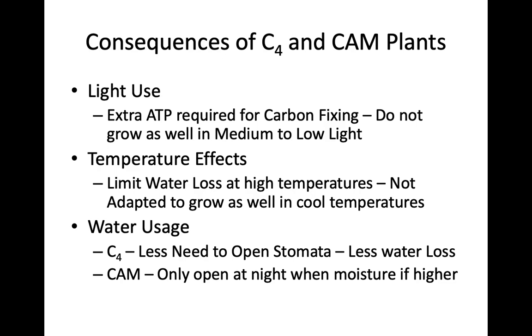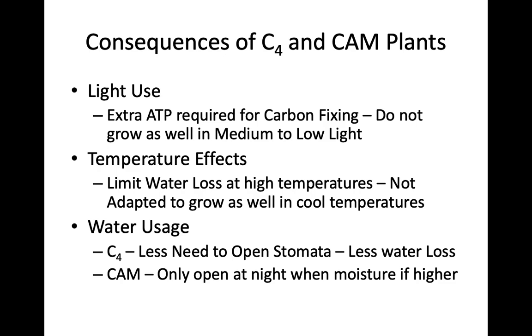So in high-light areas like the desert or in tropical regions, there's going to be enough extra light to supply the excess ATP needed in the fixation process. So this extra energy that you need to power C4 and the CAM pathway, it ain't a problem in these desert and tropical regions. But in areas like western Pennsylvania and the East Coast and temperate regions like the United States, we don't have as much sunlight availability, which means the plants won't be able to fix carbon as efficiently, and therefore they're going to suffer growth performance if they are a C4 or a CAM plant.